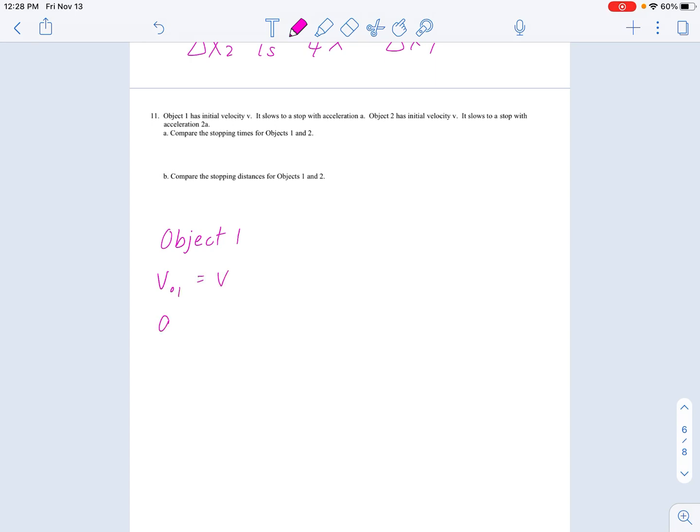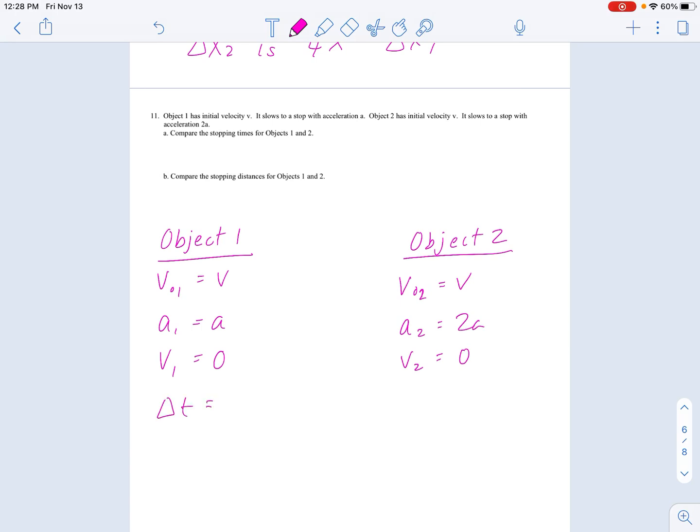It slows to a stop with acceleration a. Slows to a stop means its final velocity is 0. Object 2 has initial velocity v. It slows to a stop with acceleration 2a. Again, slowing to a stop, so its final velocity is 0.